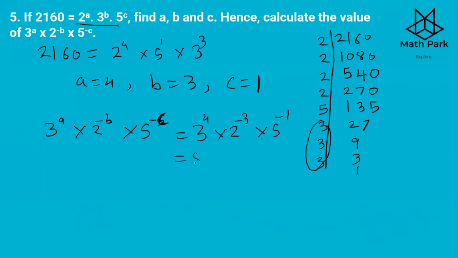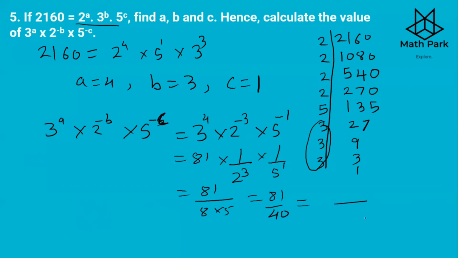So 3 raised to 4 is 81, 2 raised to minus 3 becomes 1 upon 2 raised to 3, and 5 raised to minus 1 becomes 1 upon 5 raised to 1. So this is 81 upon 2 cube, which is 8, into 5. So this is 81 upon 40, which can be written as a mixed fraction: 40 2s are 80, so 2 1 by 40 is the answer for this question.